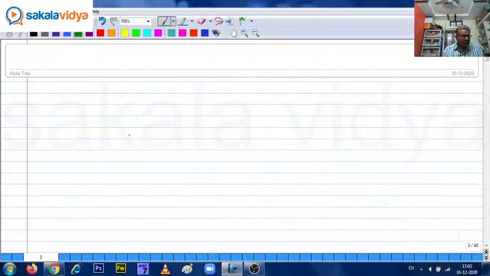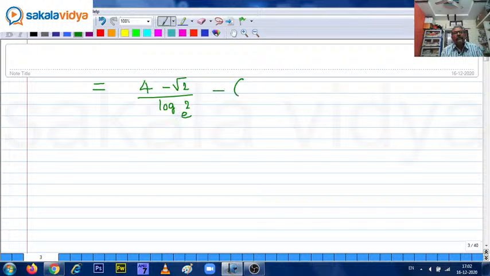Now you get 2 square is 4 minus root 2 upon log 2 base e, minus of 2 log 2 base e, minus into minus, that is plus half log 2 base e, plus 2 minus half.